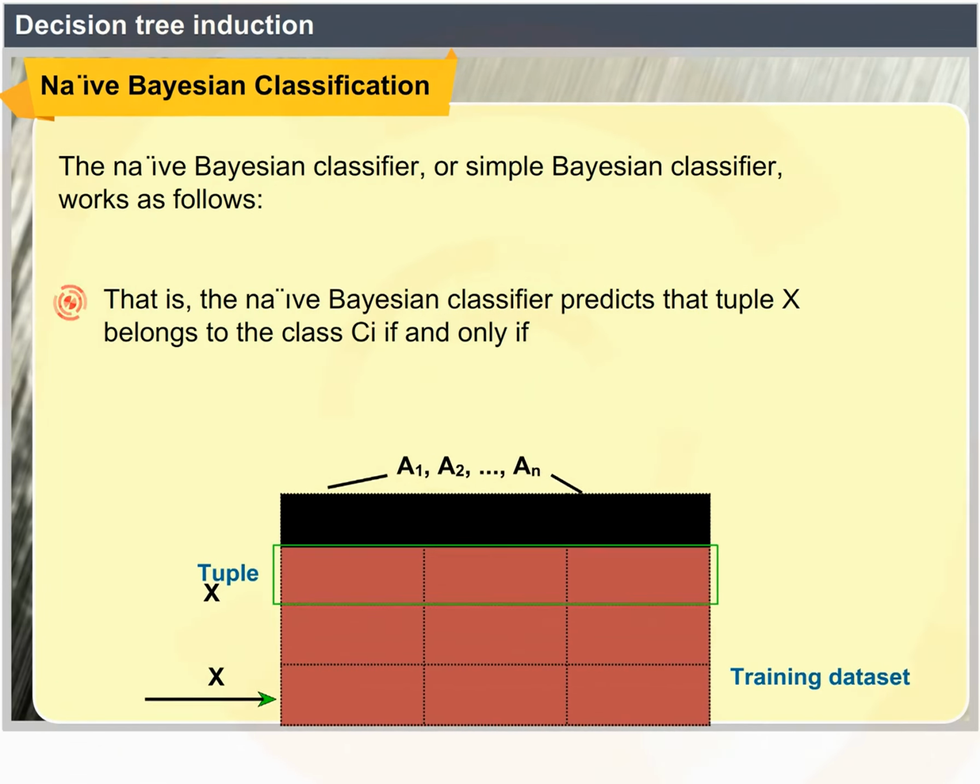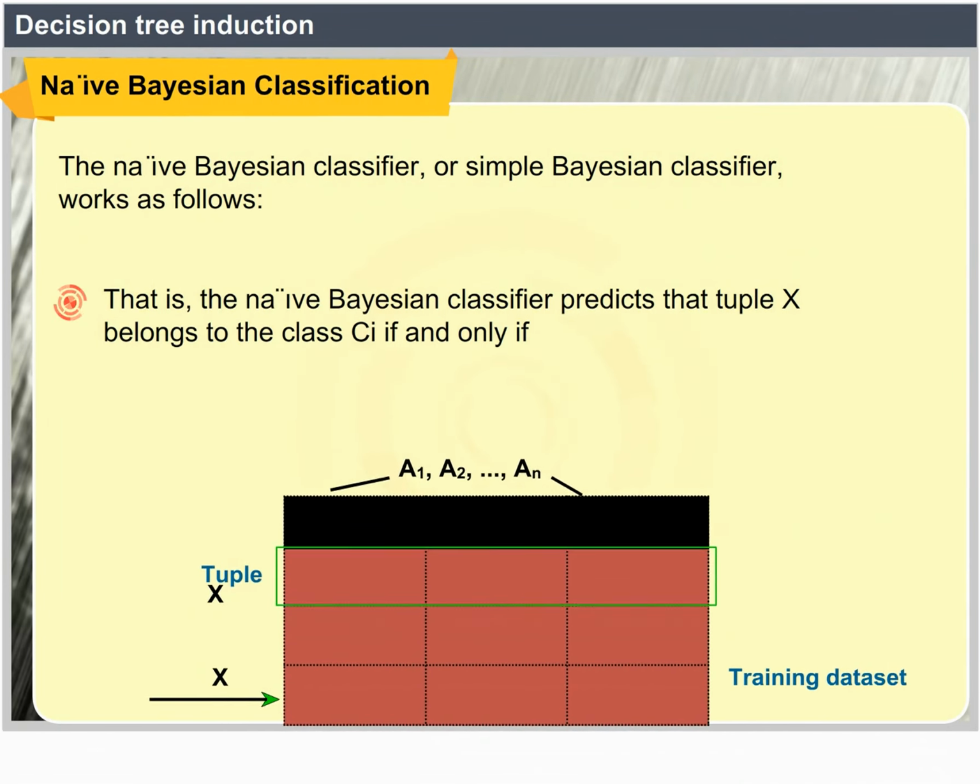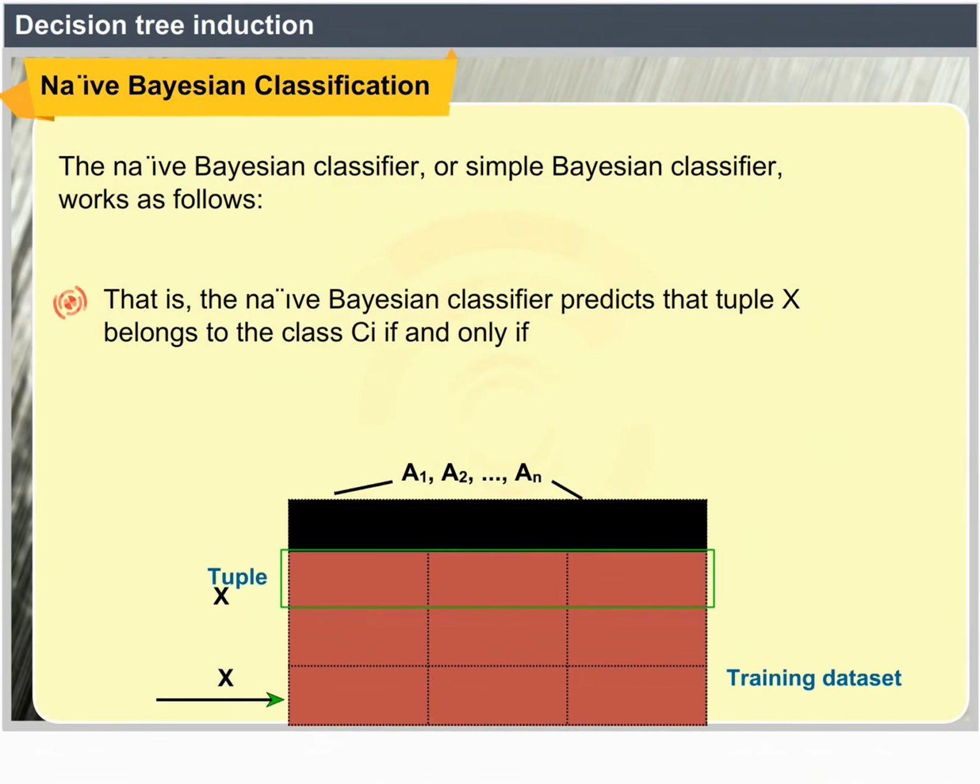That is, the naive Bayesian classifier predicts that tuple X belongs to the class Ci if and only if P(Ci|X) is greater than P(Cj|X), for j between 1 and m, and j not equal to i. Thus we maximize P(Ci|X).